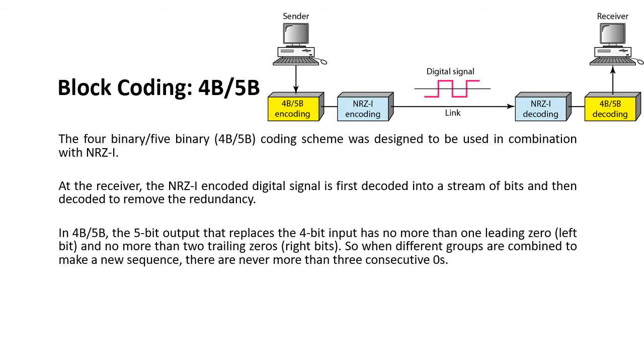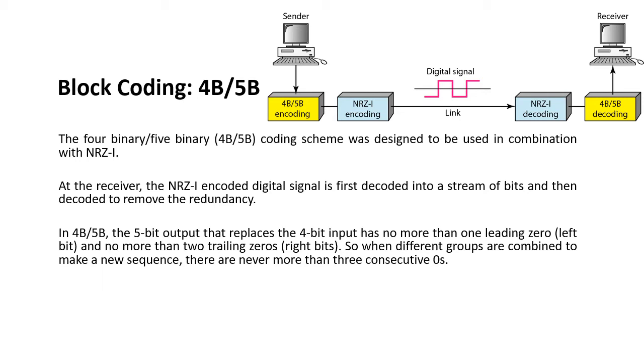So the 4B/5B scheme will achieve this goal where the block coded stream does not have more than 3 consecutive zeros. As you can see in the figure, at the receiver, the NRZI encoded digital signal is first decoded into a stream of bits and then decoded to remove the redundancy.